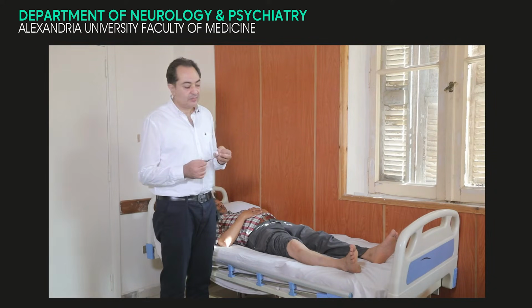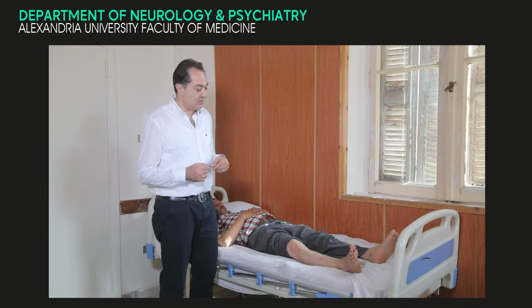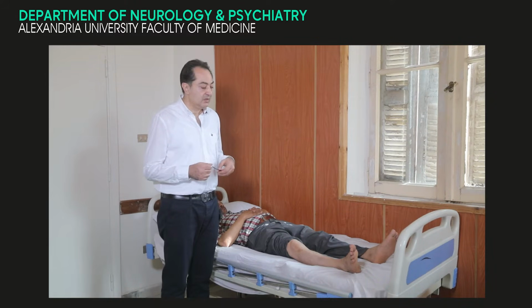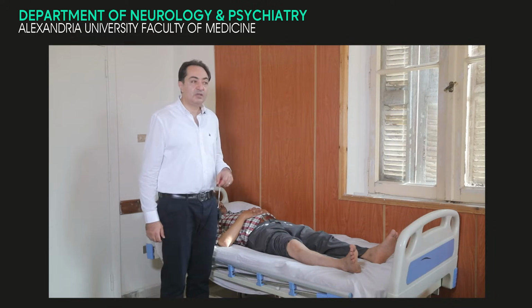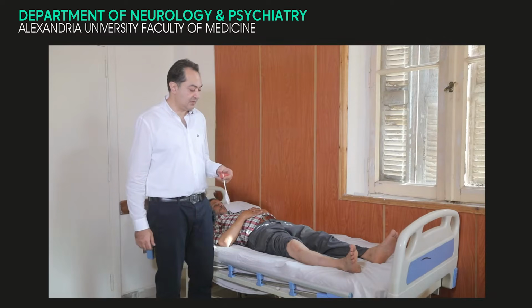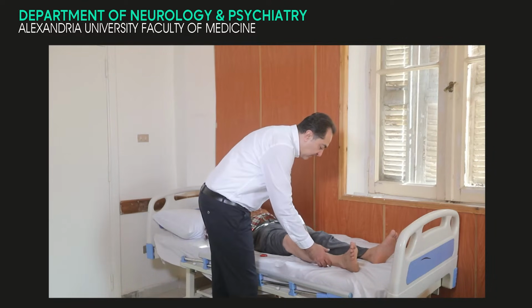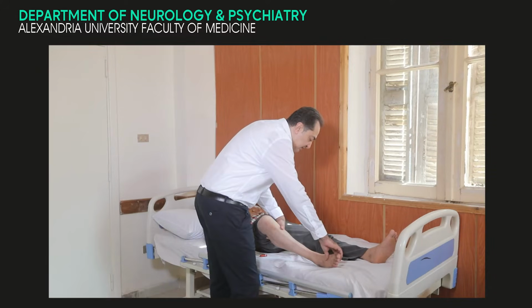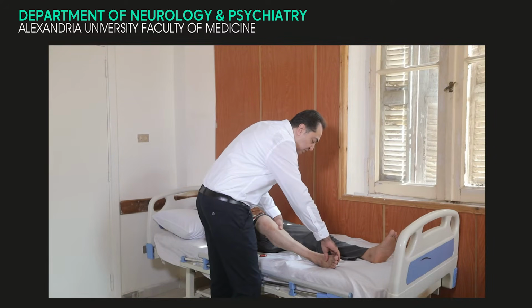What's clonus? And where could we find or elicit the clonus? It may be found in the ankle or the patellar reflexes. How to elicit the clonus? In the ankle, we flex the knee 90 degrees and do a sudden sustained dorsiflexion of the foot.